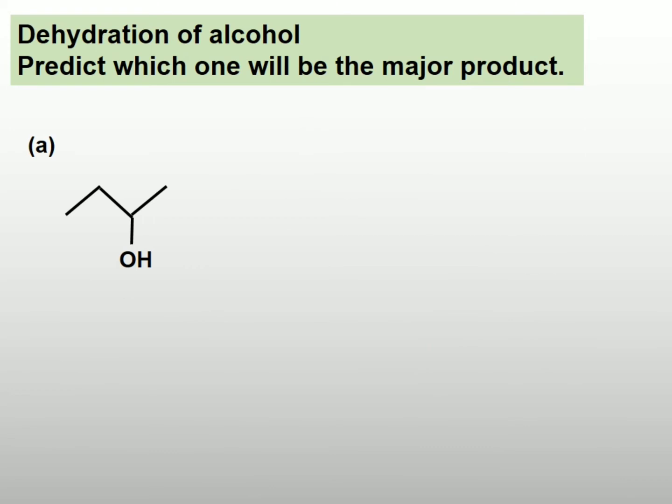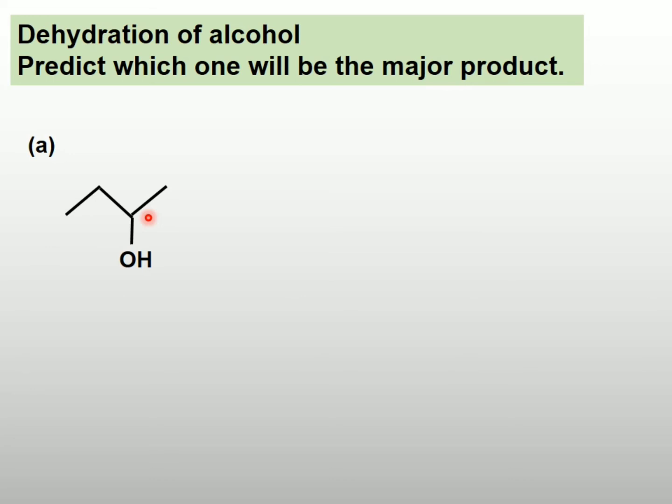Here are a few more exercises. The dehydration of alcohol, and predict the major products. So I can remove one hydrogen and the hydroxyl group from this carbon to get a double bond here, or I can remove the hydrogen from this carbon and the OH group to get another double bond on my first and second carbon.